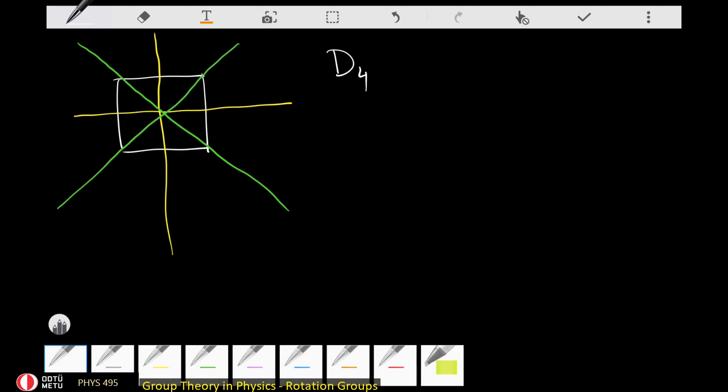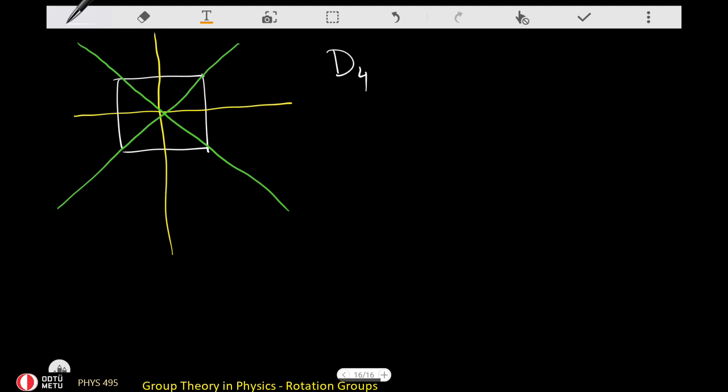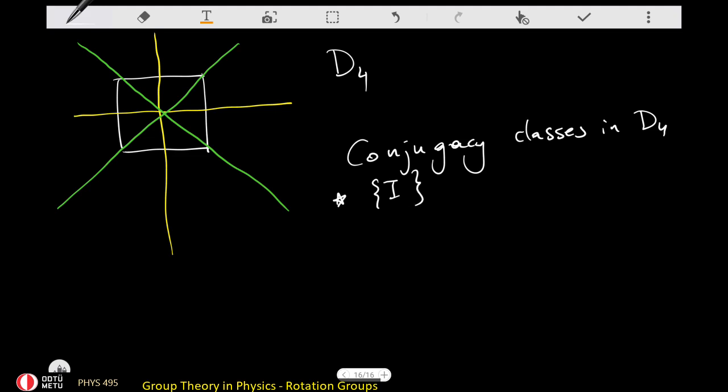So there are these two inequivalent sets of mirror planes. For example, in D4, what are the conjugacy classes? I'll start with, of course, the identity. The identity is a conjugacy class by itself. In D4, there are 3 non-trivial rotations. 2 of these rotations are by 90 degrees and by minus 90 degrees.